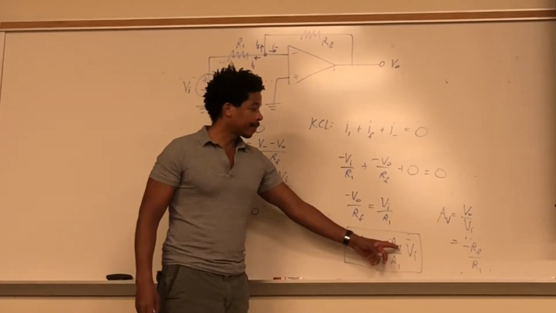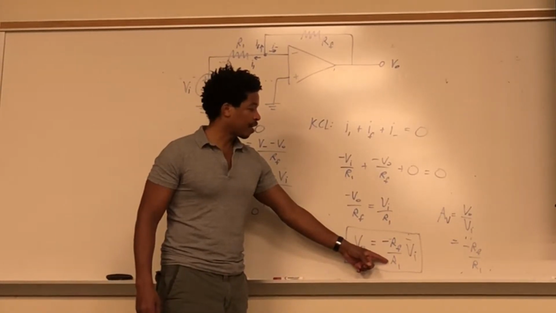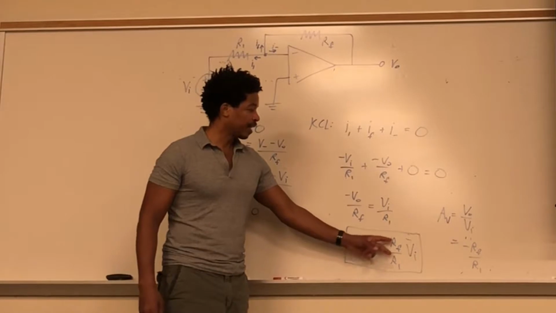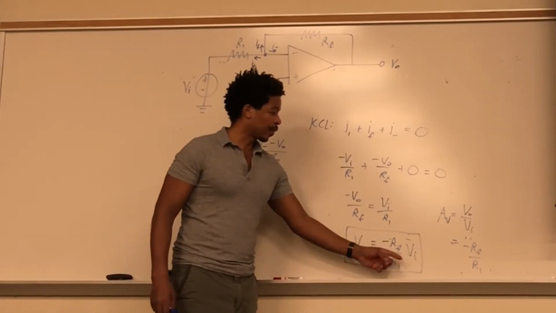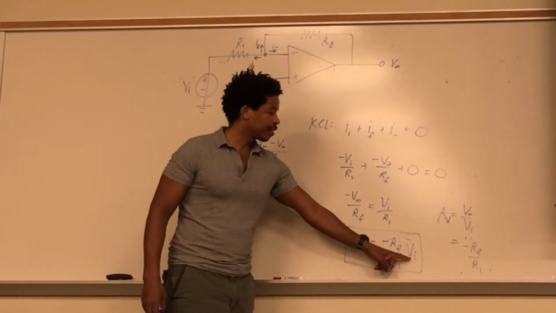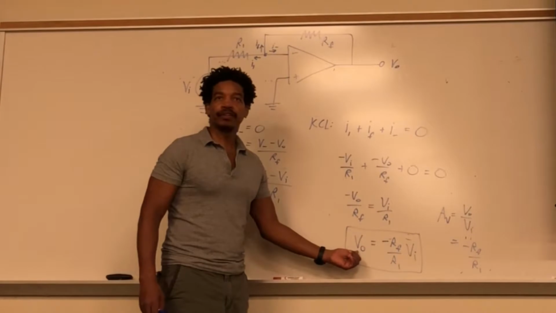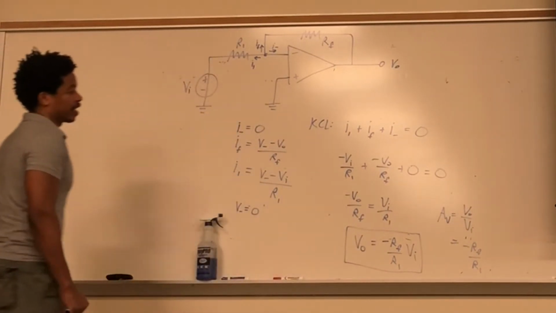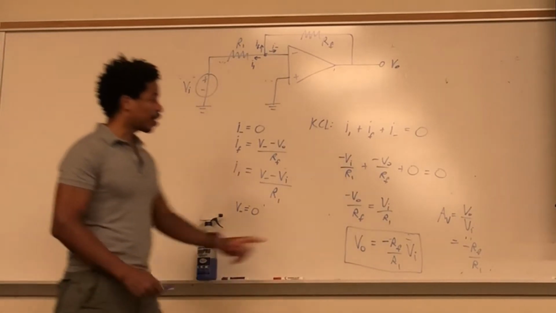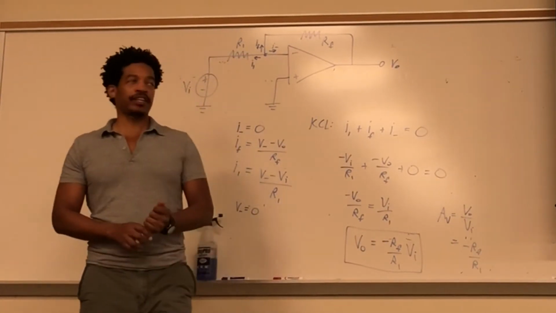Now, let's say RF is equal to R1, both 10 kiloohms. That's going to be 1. So whatever VI is gets negated, and that's going to be V out. So this is called an inverting amplifier because of that negative. You can also think of it as being 180 degrees out of phase.